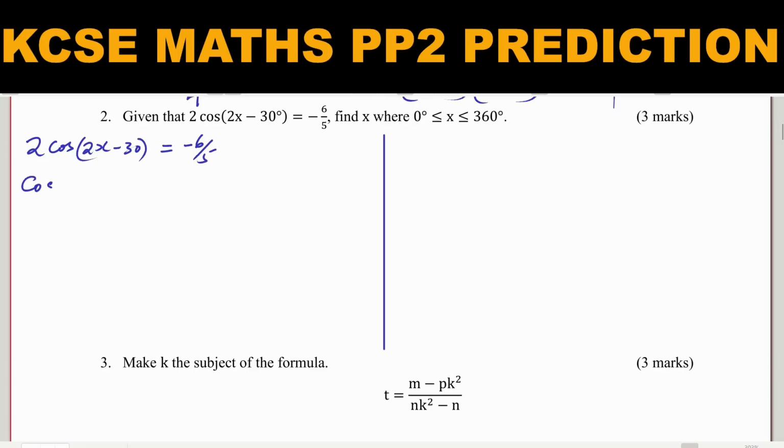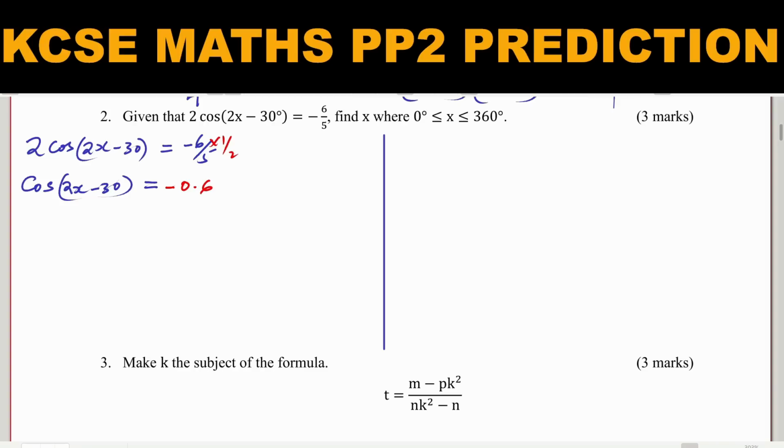The left hand side I'll get cosine of 2x subtract 30 is equal to, when you divide the -6/5 by 2, you simply multiply it by a half, and this will give -6/10, which is -0.6.